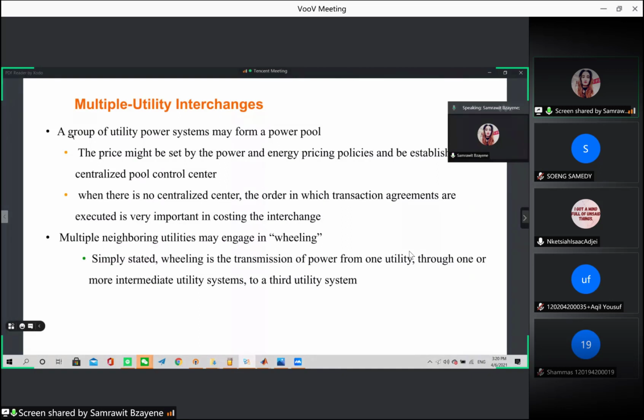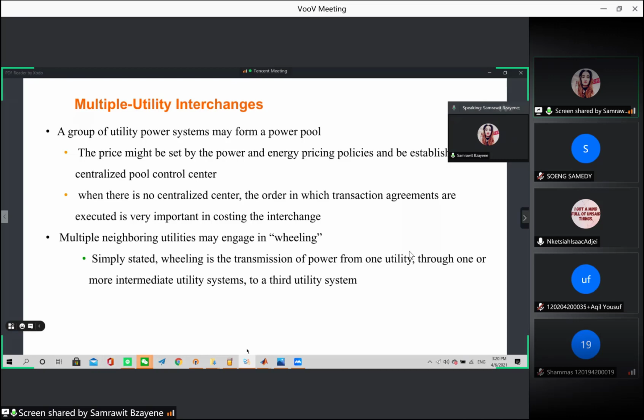The order in which transaction elements are executed is very important in testing the interchange. So, multiple utility interchange, simply stated, means the transaction from one utility to one or more intermediate utility systems, a sub-utility system.